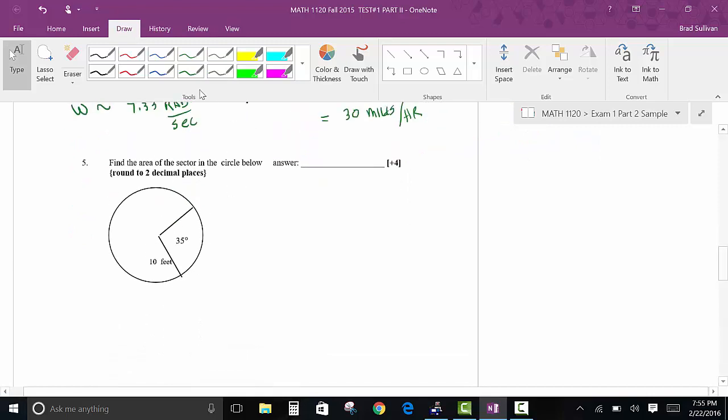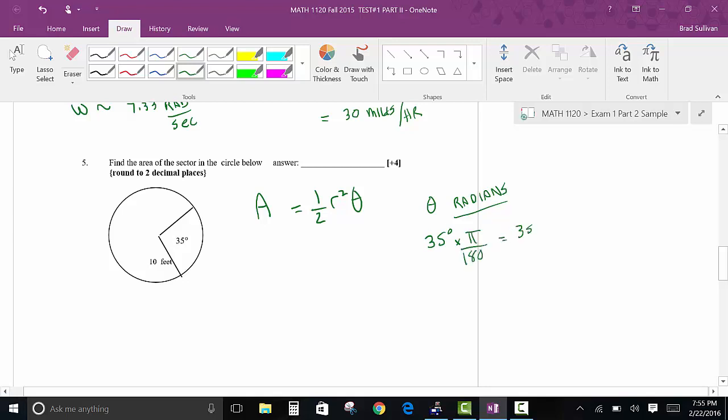We're going down to number 5 next. In number 5, we're finding the area of the sector. The area of the sector formula is area equals 1/2 r squared theta. And again, theta must be in radians. If it's not in radians, then you're not going to get a sensible answer. So the first thing you want to do is take the 35 degrees and convert that to radians by multiplying by pi over 180.